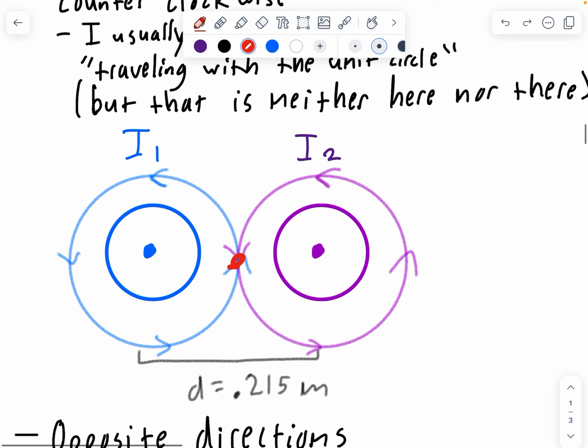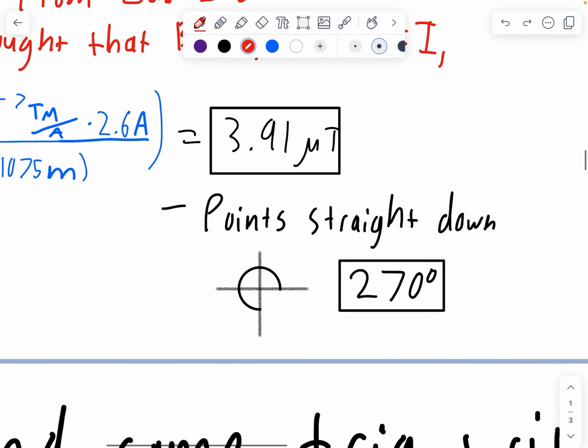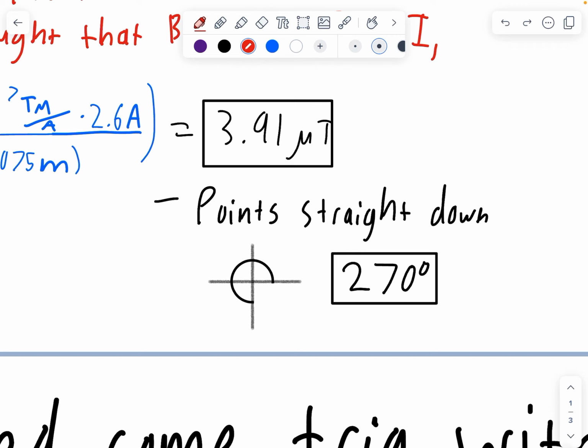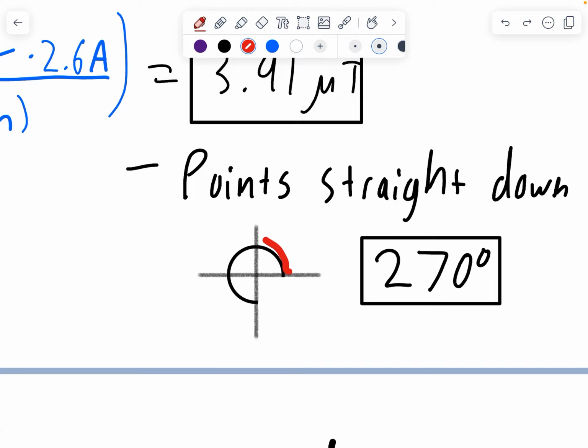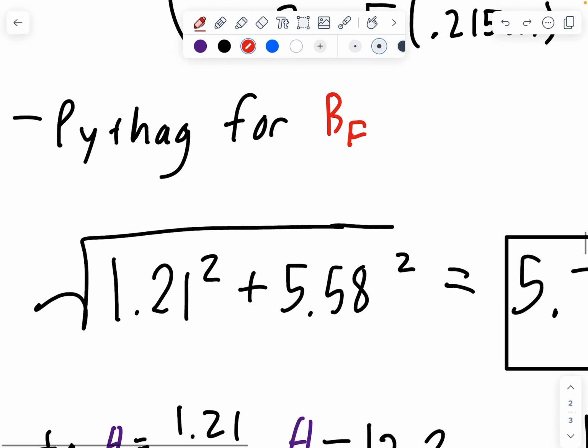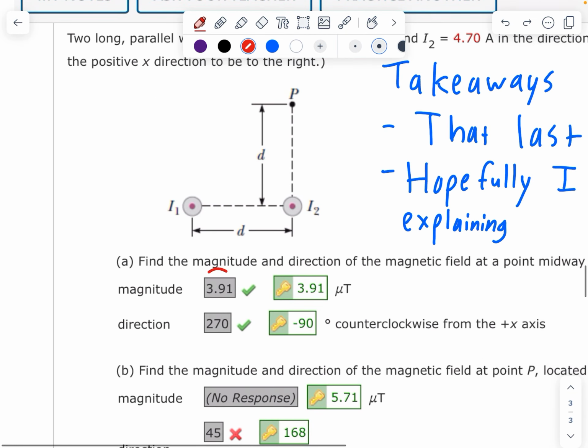And then at this point, the magnetic field points straight down, and I guess up, but again, the net faces down. So our magnetic field points 270 degrees counterclockwise of the x-axis. So we'll go down and check that. 391, all good. 270 degrees, all good.